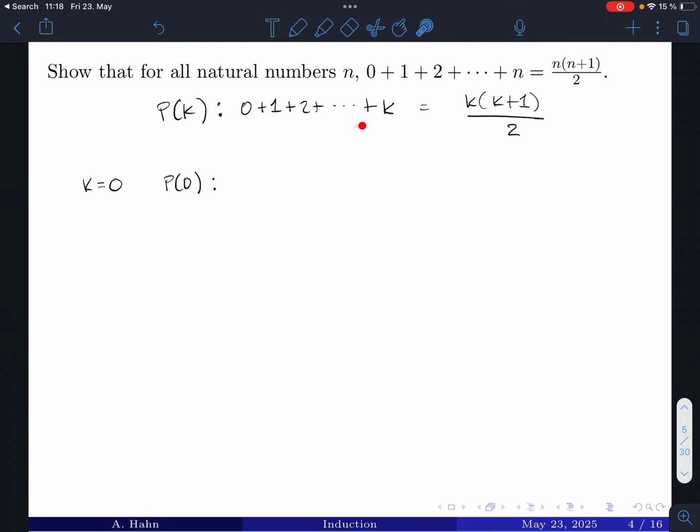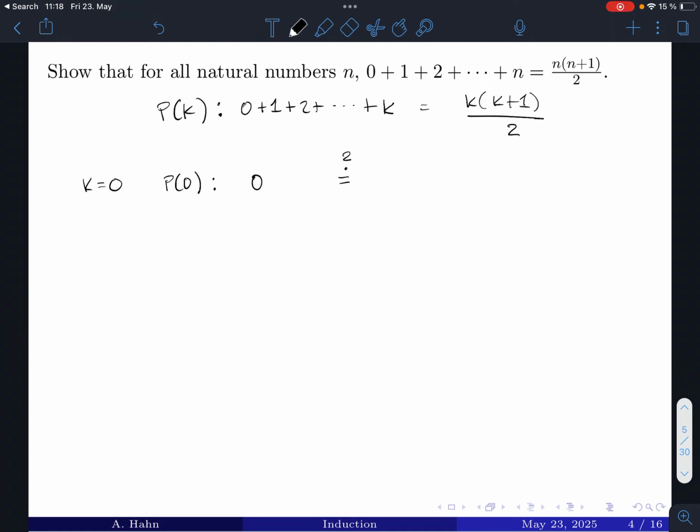However, the left-hand side of our predicate, when we plug in 0, if we add up all the integers until we hit 0, is just 0. So the left-hand side is just 0. And then it's a claim, so I'm going to put a question mark on top of the equality sign.